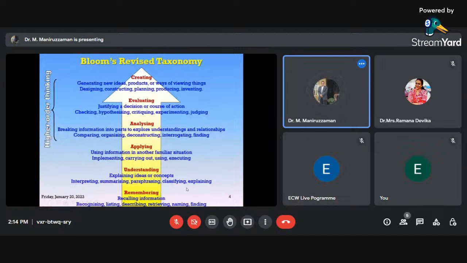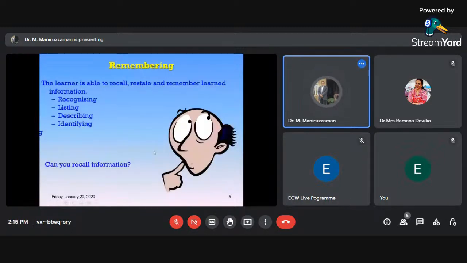And the lowest level of learning is remembering: recognizing, listing, describing, retrieving, naming, finding, etc. And Bloom has given 6 lists of action verbs for expressing the 6 levels of learning.